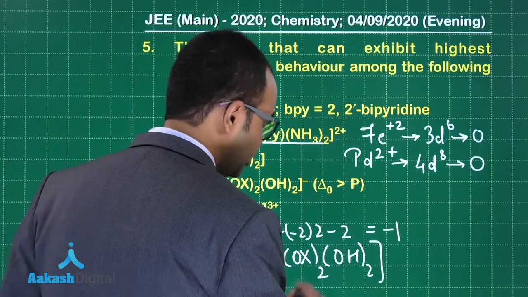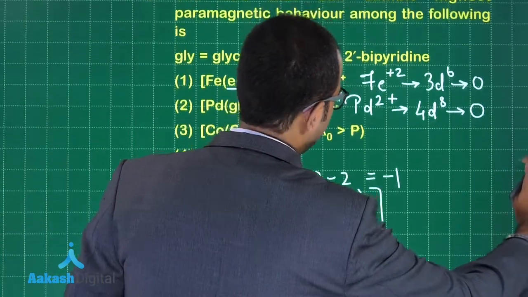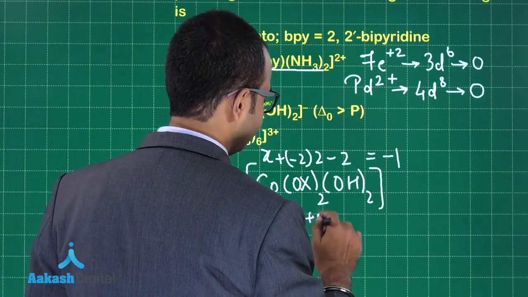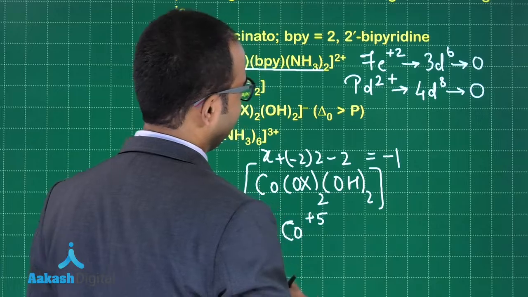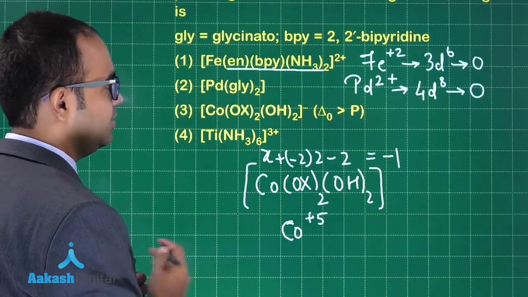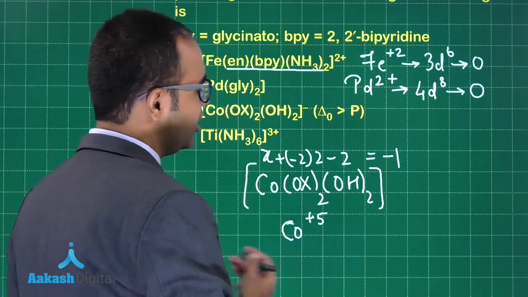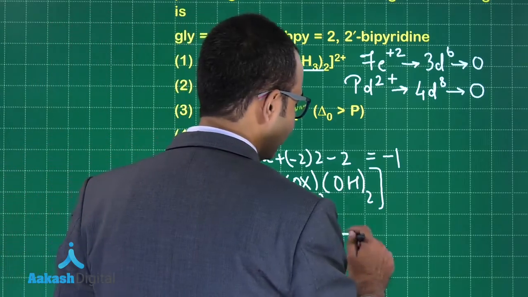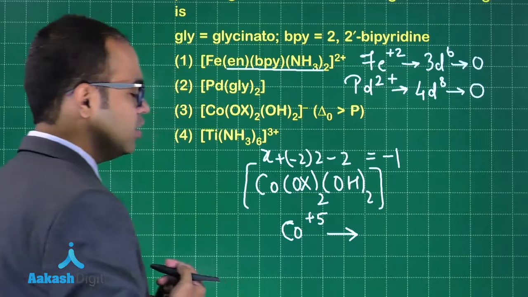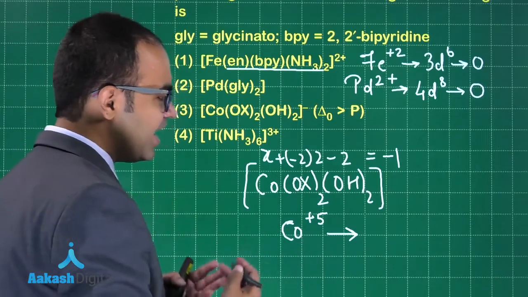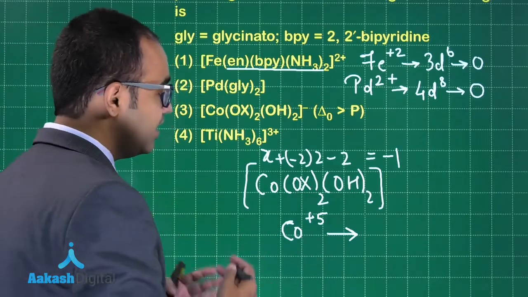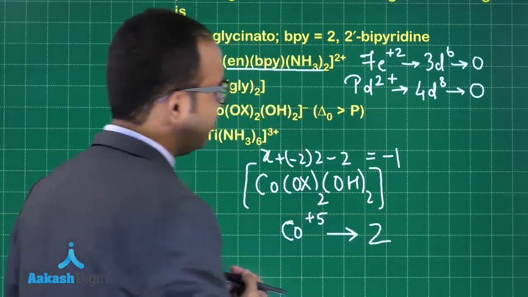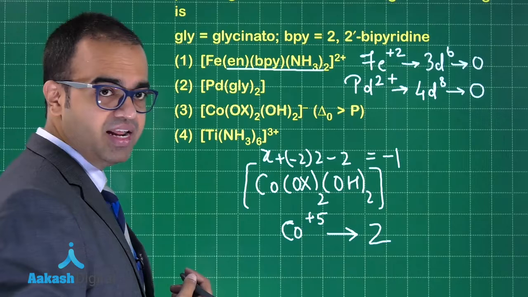So the oxidation state of cobalt is +5. So if I'm looking at the oxidation state of cobalt as +5, how many unpaired electrons am I expecting over here? This will have 2 unpaired electrons.